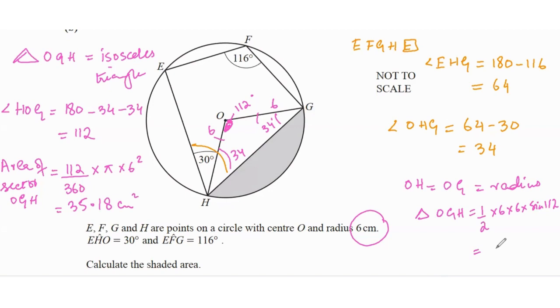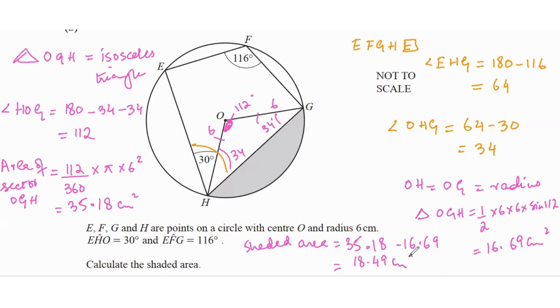So 1 over 2 times 6 times 6 times sine of 112, that is 16.69. So to find the area of the shaded region, we'll find the difference of 35.18 and 16.69, which will give us 18.49 centimeters square as our area.